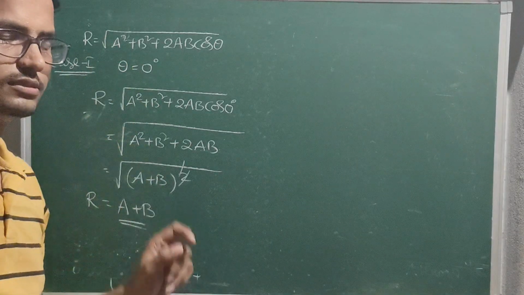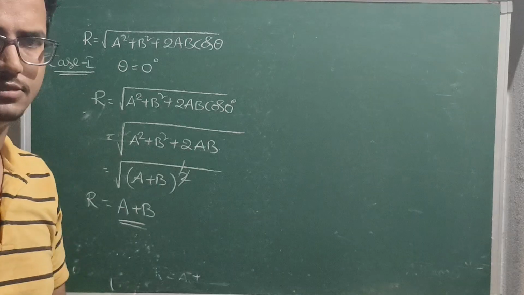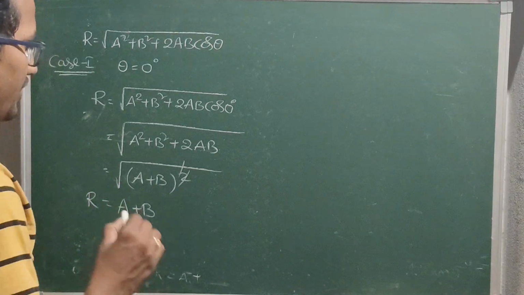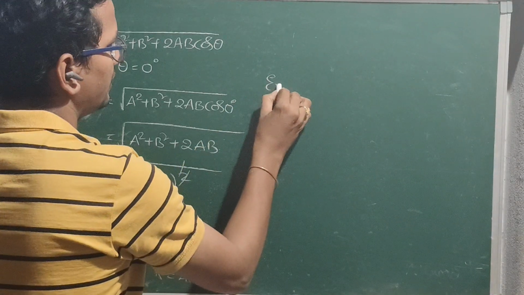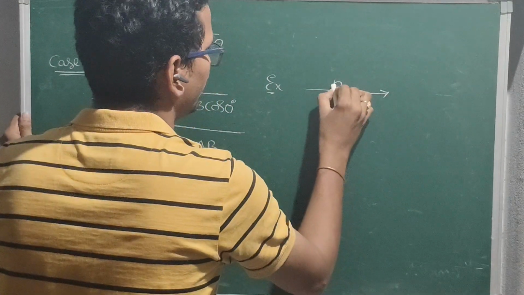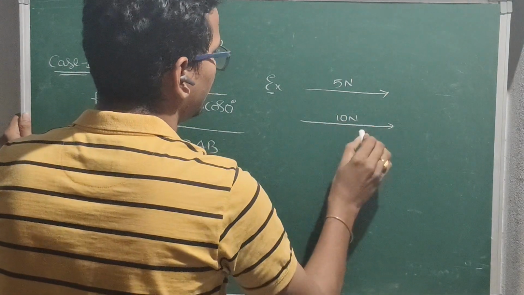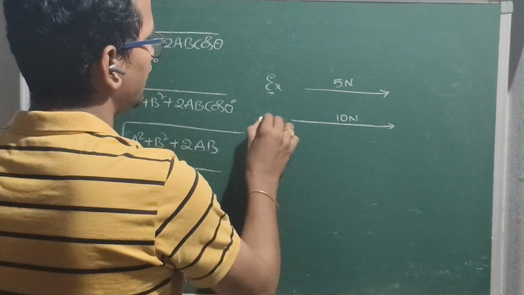This is when the two vectors are parallel with each other. Why are they parallel? Because theta is equal to 0 degrees. For example, two forces are acting. One force is 5 newtons, another force is 10 newtons. Those lines are parallel.